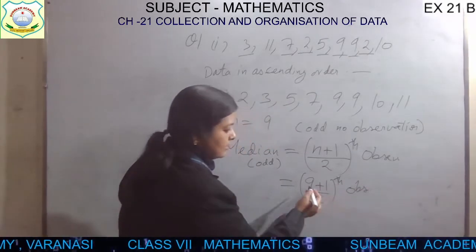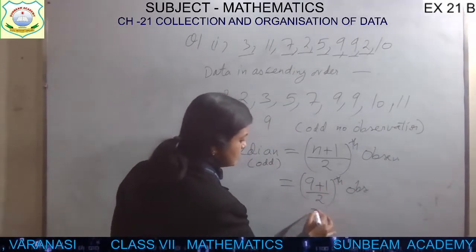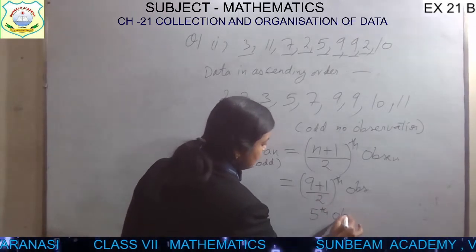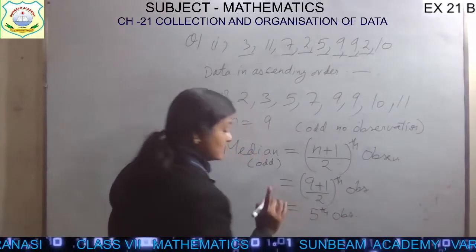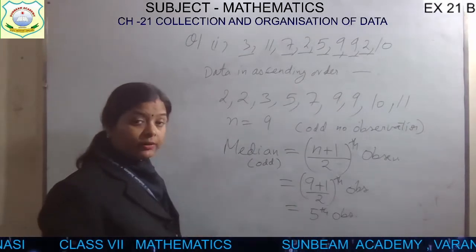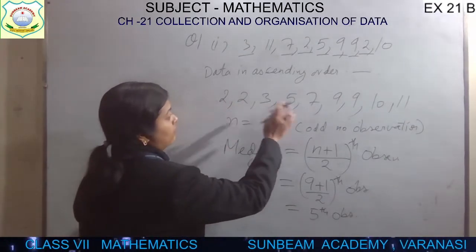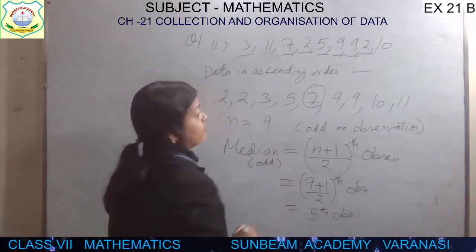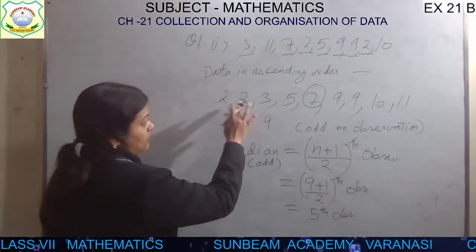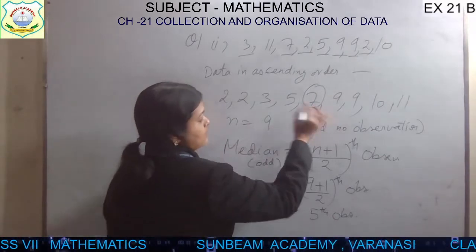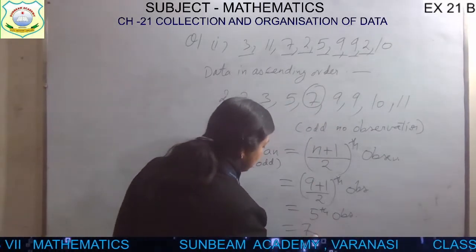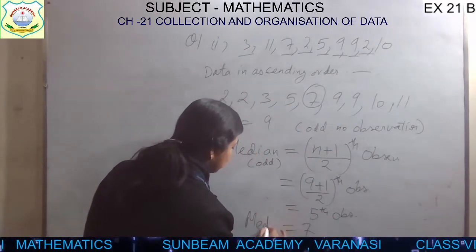So 9 plus 1 is 10. 10 by 2 is the 5th observation. और आप ऐसे ही नहीं छोड़ेंगे 5th observation. You will also write what the 5th observation is. So 1, 2, 3, 4 and 5. This is the 5th observation. 7 is the 5th observation. So the median here is 7.